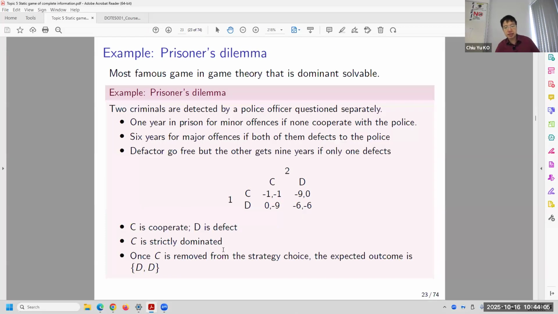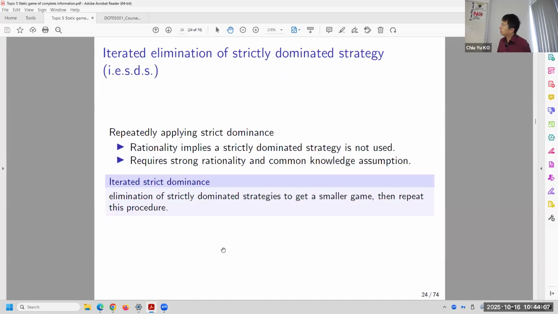the next is not complicated, but just keep applying strict dominance. So you take out something, and once you take it out, you can further take things out. And you keep deleting until you get one outcome. If you can do that, then that is what we call iterated strict dominance.